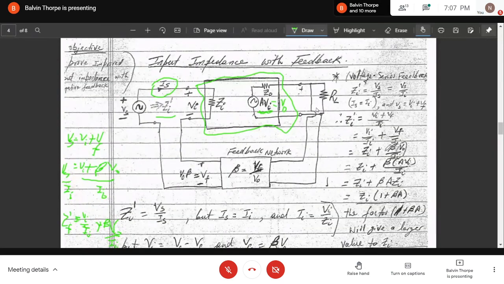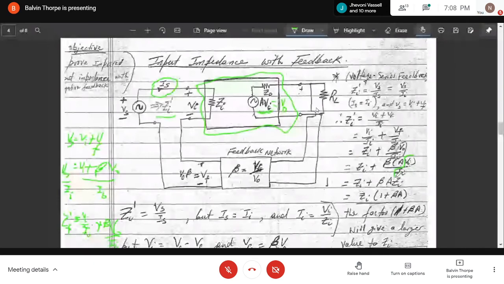And VO. What is VO? VO is AVI. So then we could actually write it as ZI plus beta over VO.